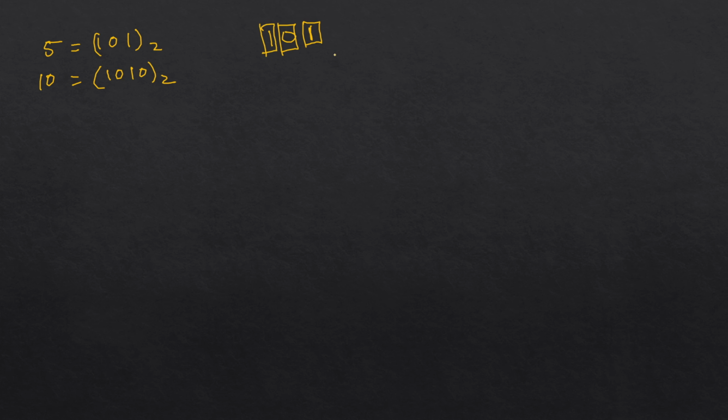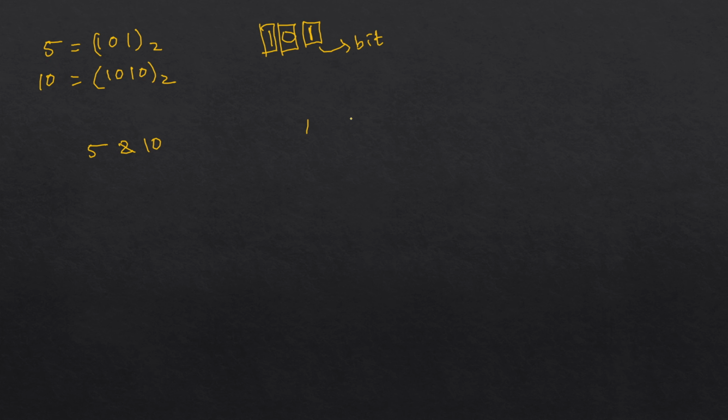So bitwise operators perform their operation bit by bit. That means if I want to perform 5 and 10, then what is happening here?